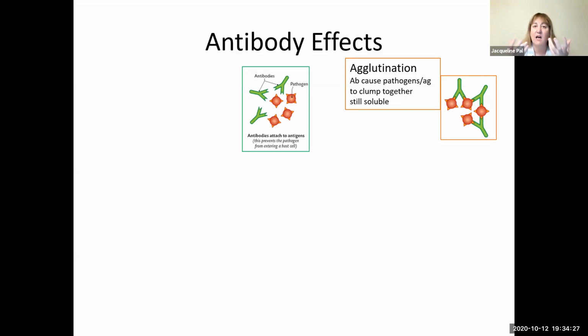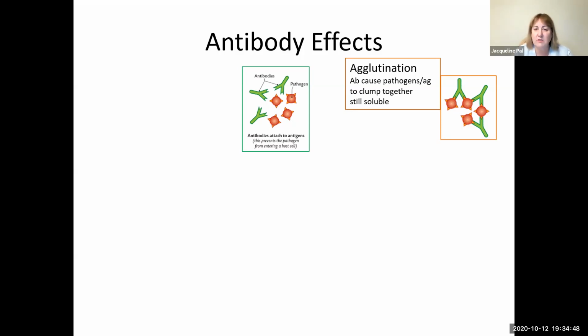So that is agglutination, where the antibody is binding to the antigen and causing clumping. And the reason why it's causing clumping is because each antibody can bind to more than one antigen, so you get this big clump.